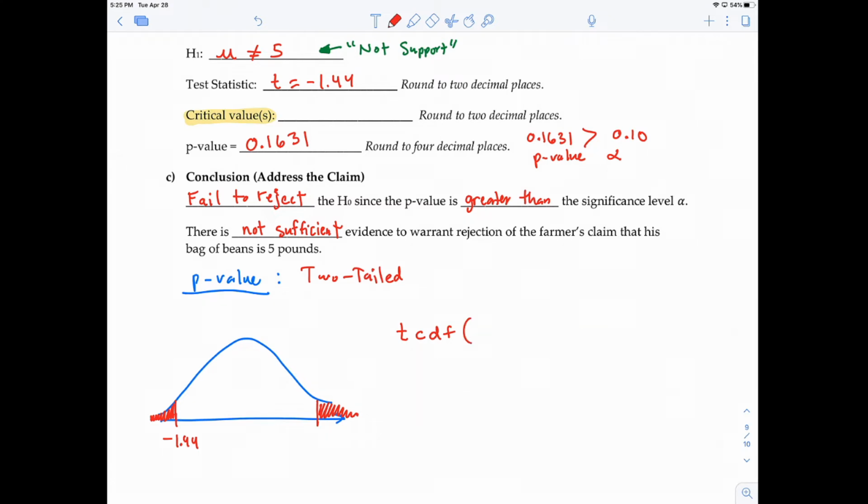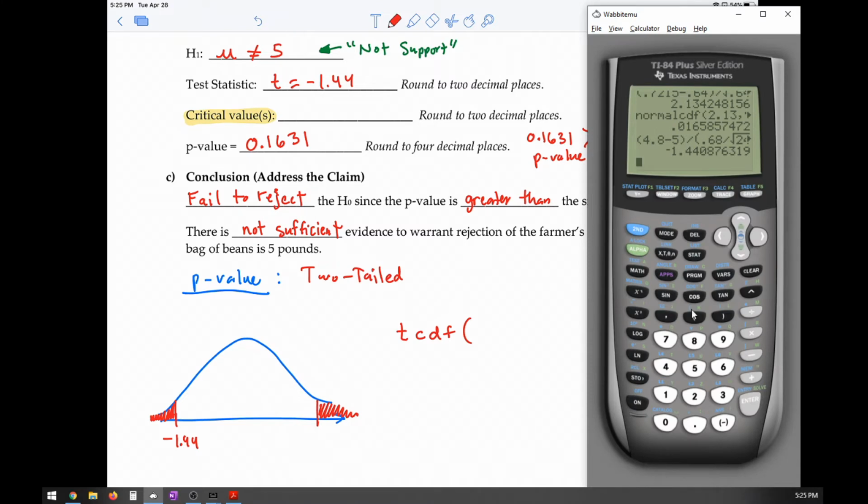TCDF takes 3 inputs. We're going to click second vars, and TCDF takes 3 inputs. The first one is the lower. If we're trying to find the area here, the lower is negative infinity, so we can put negative 999.9.